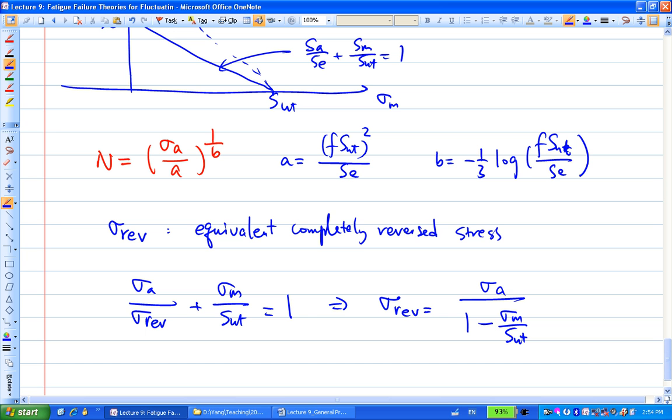That's the amplitude of the equivalent completely reversed stress. Do we have a sigma A? Yes, we do. Do we have a SUT? Yes, we do. So this value can be calculated, which is 53.3.